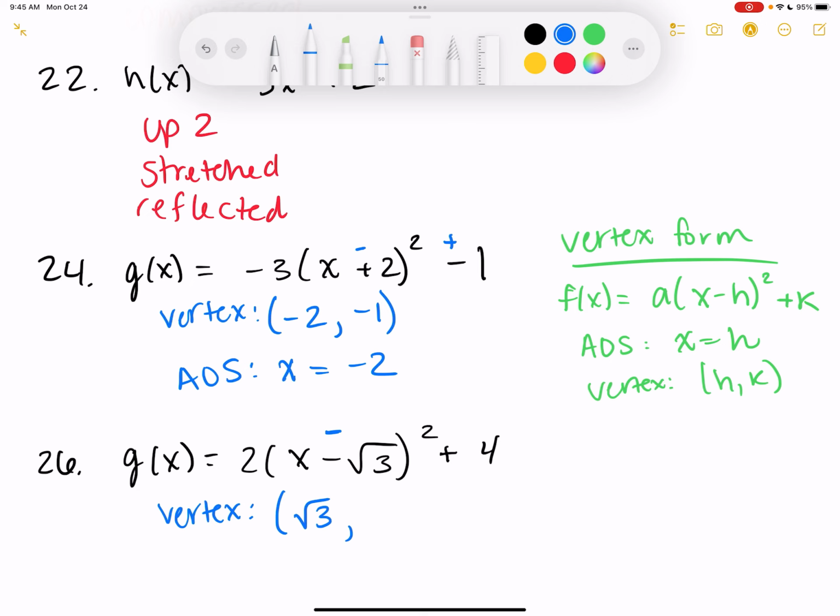And you copy down the 4. Root 3, 4. Yes. If the signs are right, you just copy down the number, not the sign.